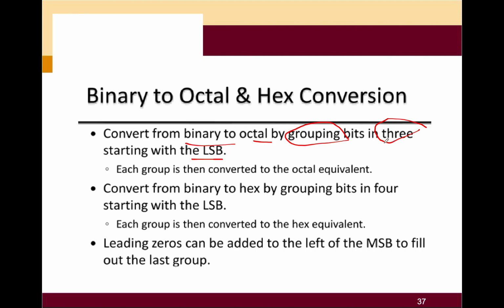Later on you will see, and you need to remember this value, which is 3. And if you want to convert into hexadecimal, please remember 4, and you will also start with the LSB. Each group is then converted to its hex equivalent. Leading zeros can be added to the left of the MSB. What is MSB? Also, we will look at it in the next slide.